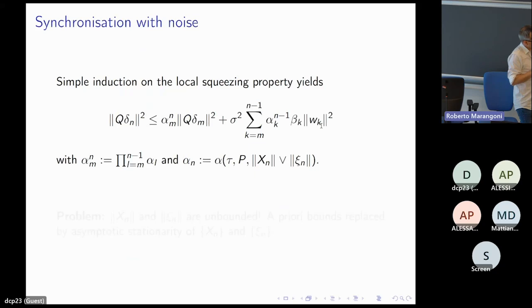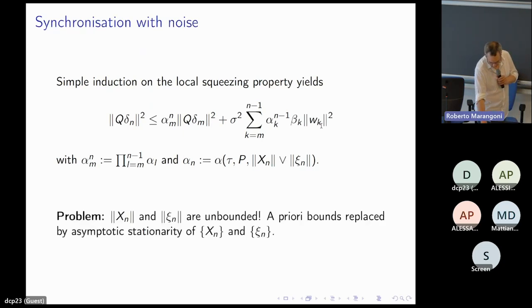As I said already, alpha is a function of the true state and also your estimate, and these can grow, these can be infinitely large because of the stochasticity. But a moment of thinking will tell you that you don't need alpha to be smaller than 1 every time.